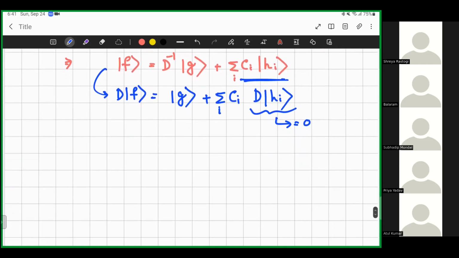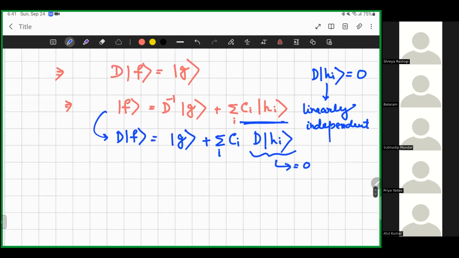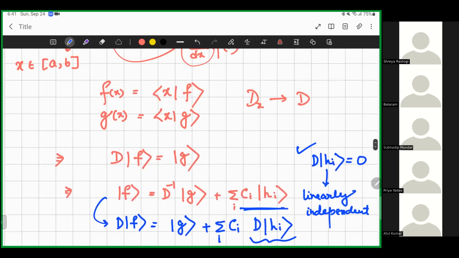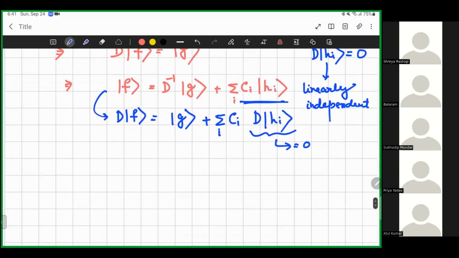The c_i are constants, coefficients, and the h_i are basically linearly independent of x. If D is the d/dx, then this will be 0 anyway. So this form is the general form we can write.